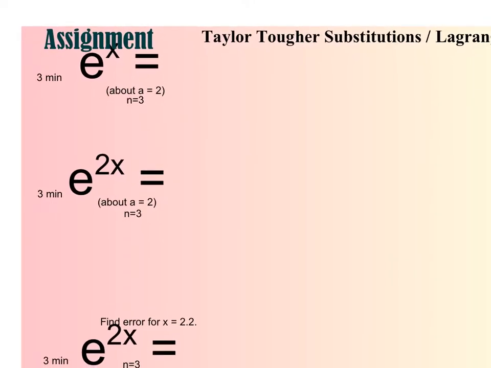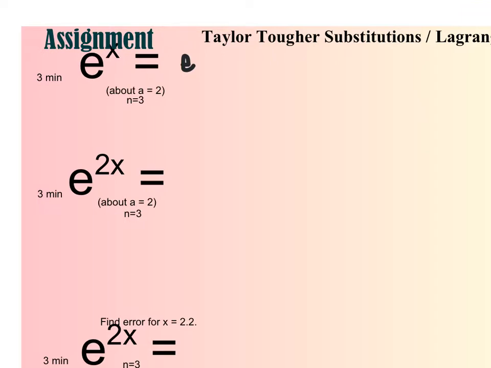Okay, so what I'd have here is f of a plus f prime of a times x minus a, instead of f of 0 plus f prime of 0 times x minus 0. The derivative of e to the x everywhere is itself. So I'd have e to the a plus e to the a times x minus a.